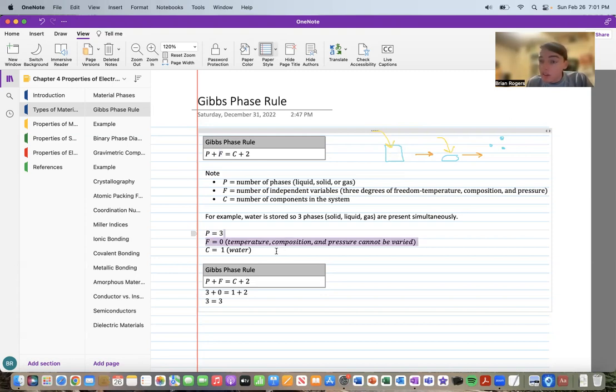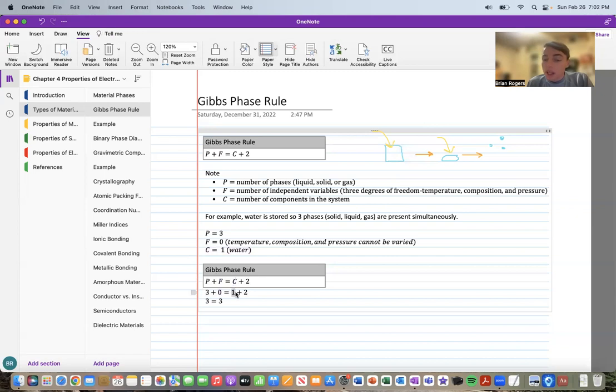How many components do we have in our system? Well, we're working with water, right? So that's 1. And that's the only substance that we have in the environment in this scenario. So we just have 1 here. So plugging into the equation, we had 3 phases, we had 0 degrees of freedom, and we had 1 component.